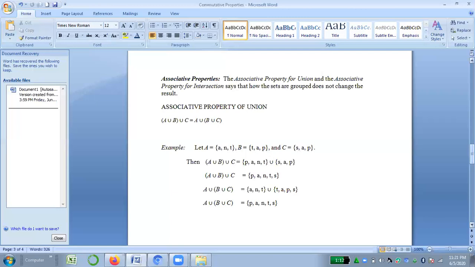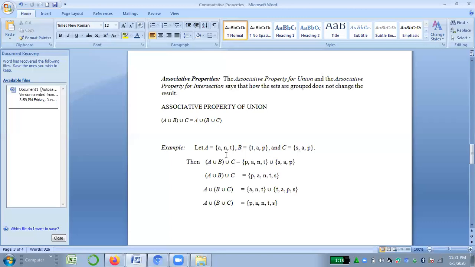Here is the example. Let A be equal to {A, N, T}. This is the set given, A and T, set A, and B is {T, A, P} and C is {S, A, P}. Then you are looking here where my mouse is. Here it is, P, A, N, T. From where does this come? This is the answer of this A union B bracket, because we have to solve the first bracket.